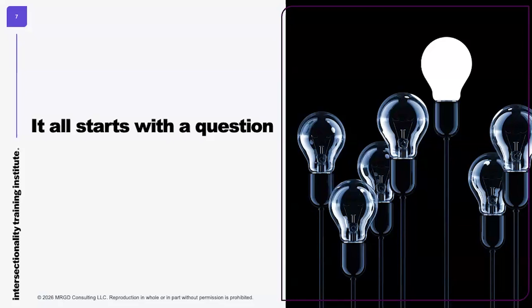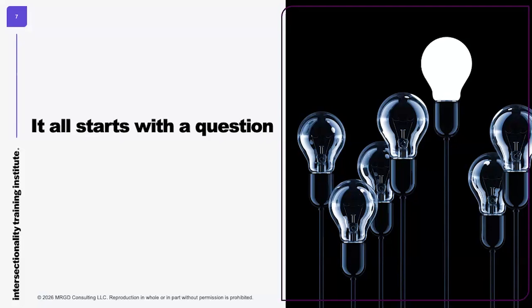What's really important to know is that it all starts with the question, but it's very important to understand that it's about the particular question we ask. So it's not any question. An intersectional question is not just about subgroup differences.